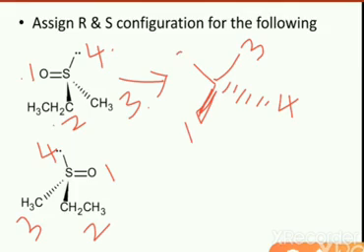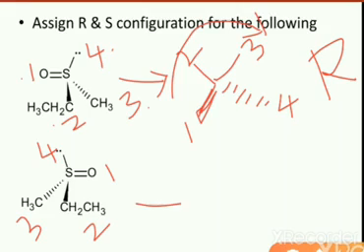Now we have done the double interchange of the atoms, which does not change the configuration of the molecule, so 1, 2, 3 is R. Likewise, for this also, if you do the same thing, you will get S configuration.